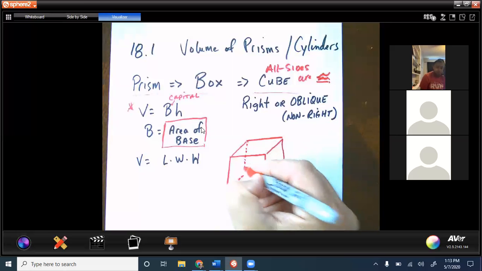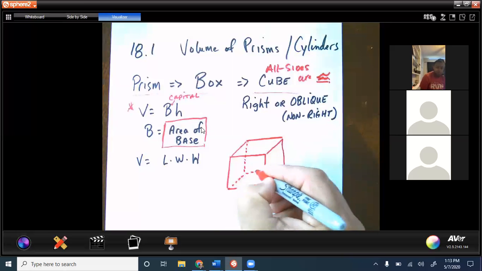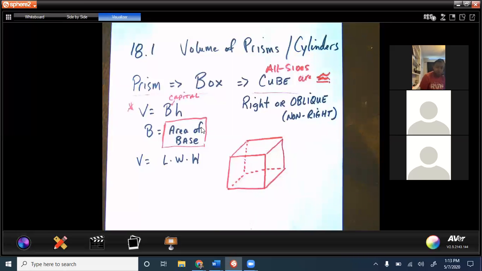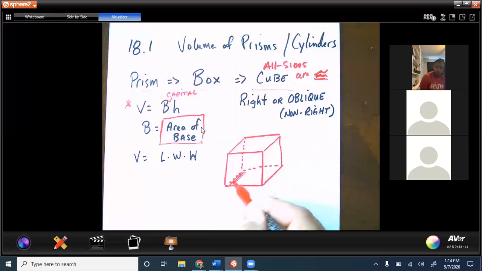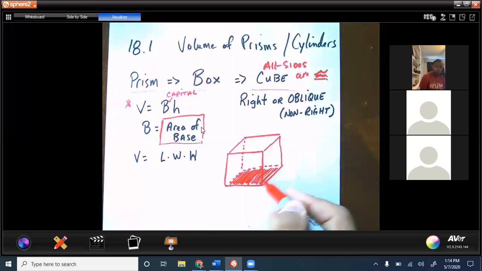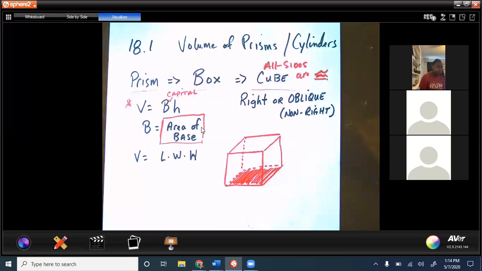Use the dotted lines to show the parts that are hidden. So there's a box, and so I'm going to shade in the base of the box, which would be the bottom part. Okay, so there's the base of the box.